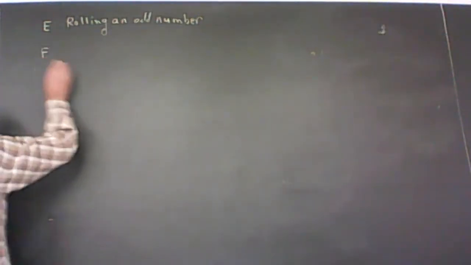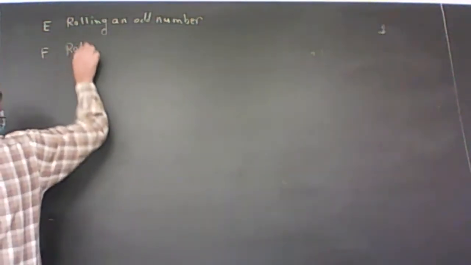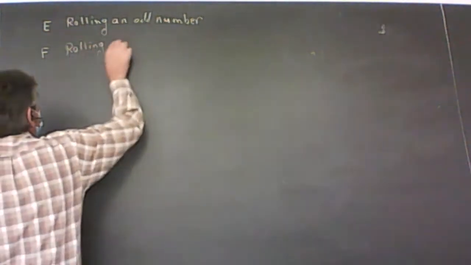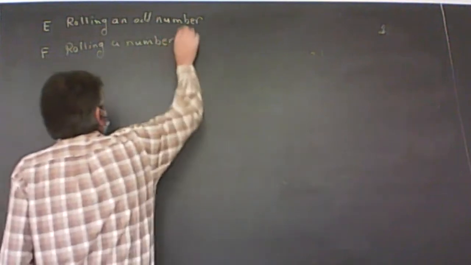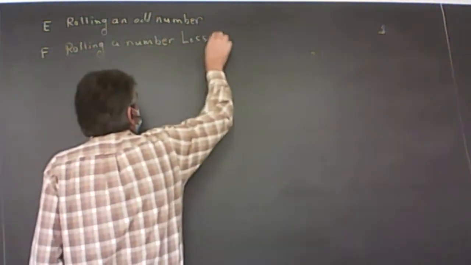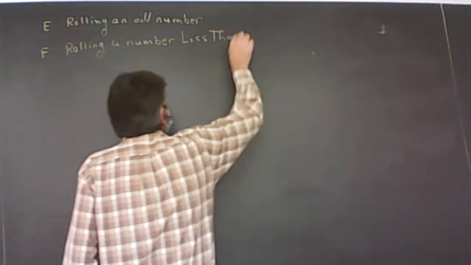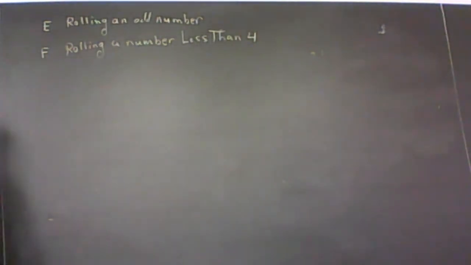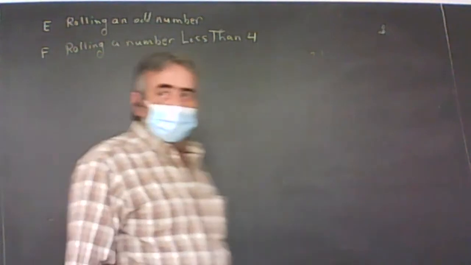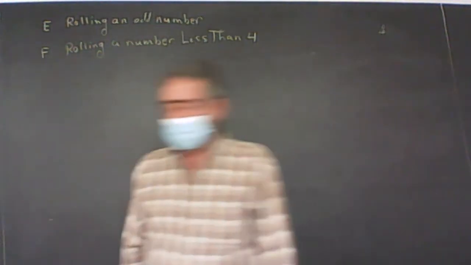And let's say we have event F, rolling a number less than 4. So those are two events of rolling a die. We chose two events.